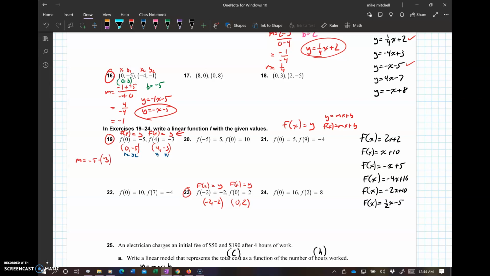Technically, that's supposed to be in parentheses. If you don't put it in parentheses, it's not the end of the world. -5 minus -3 over 0 minus 4 plus a positive. -5 plus 3, that's going to be -2 over -4. That means my slope is 1/2.